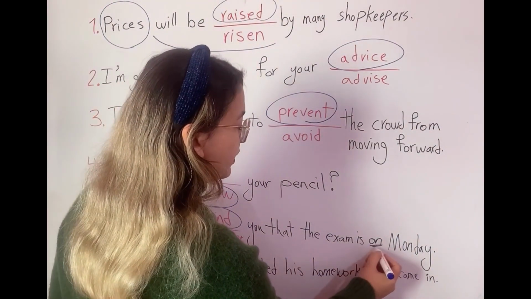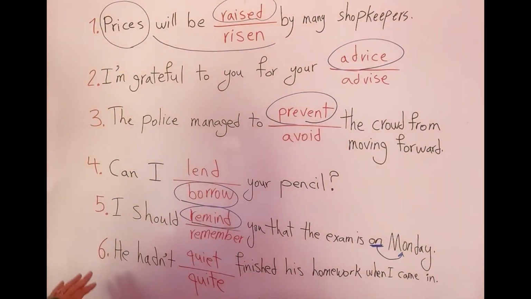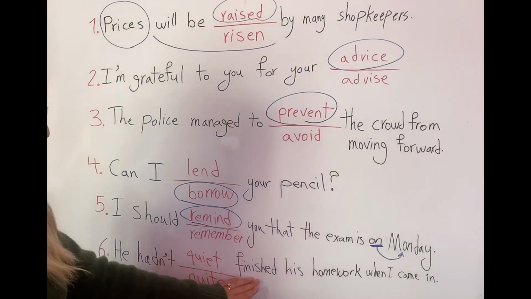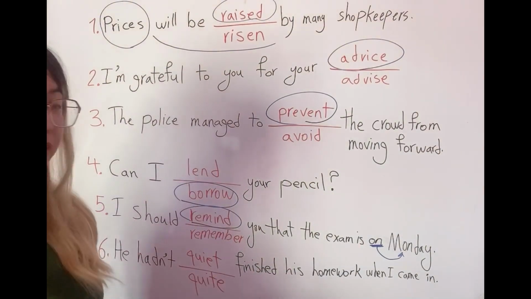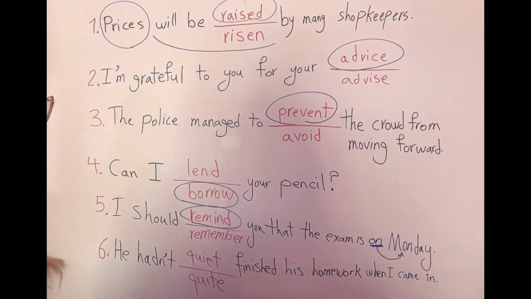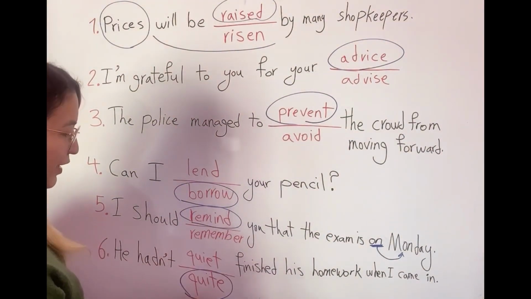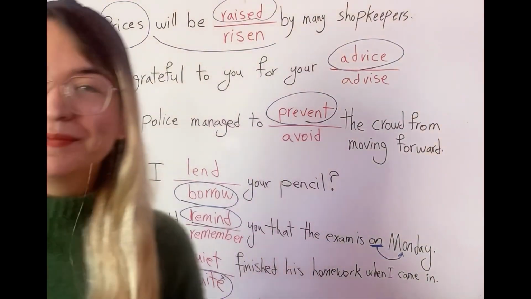We use the preposition on for days of the week. Don't forget that. And number 6, he hadn't quite finished or he hadn't quiet finished his homework when I came in. Which one is the answer? Yes, quite. This one, quite, and we don't pronounce E, right?